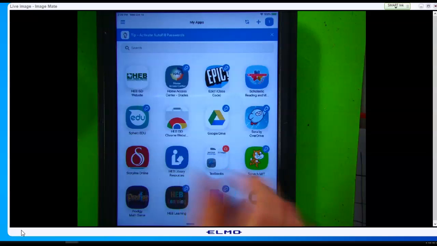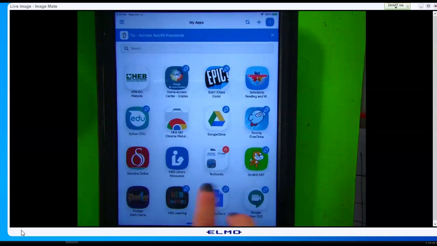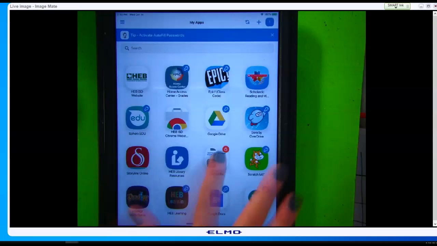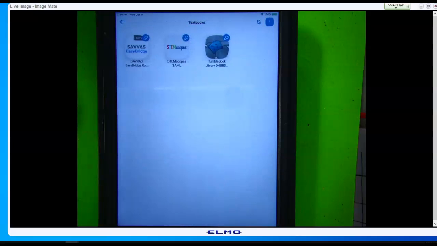And if you notice on this student, they have textbooks in the 3rd row. So I'm going to click on textbooks. I don't know where your textbook folder is. Your textbook folder is going to be in a different place than this student.